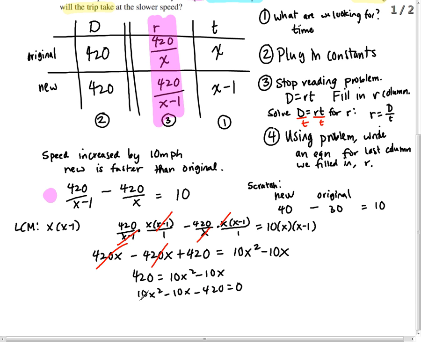I can try to factor out a 10. That's 10 times x squared minus x minus 42. I need factors of 42 that subtract to give 1. Factors of 42: 1 and 42, 2 and 21.